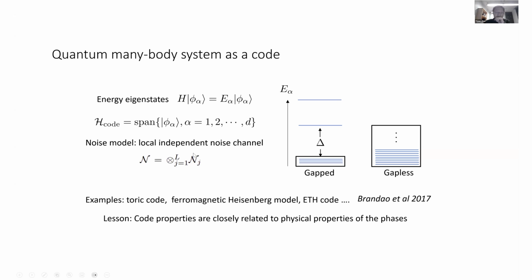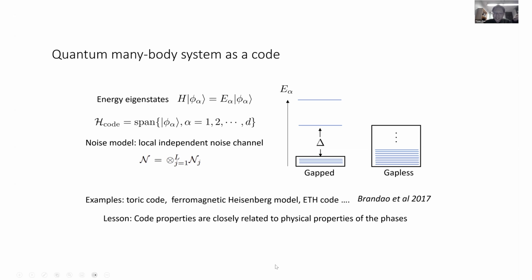In order to talk about errors, we also choose some type of error model. In this work, we choose a local independent noise model, which is common in the realistic world. It says that each of your physical qubits has the same probability to suffer from an error, and that is described by this tensor product structure in the noise model. As I mentioned in the introduction, this type of paradigm has been studied before in the context of the Heisenberg model or ETH systems.